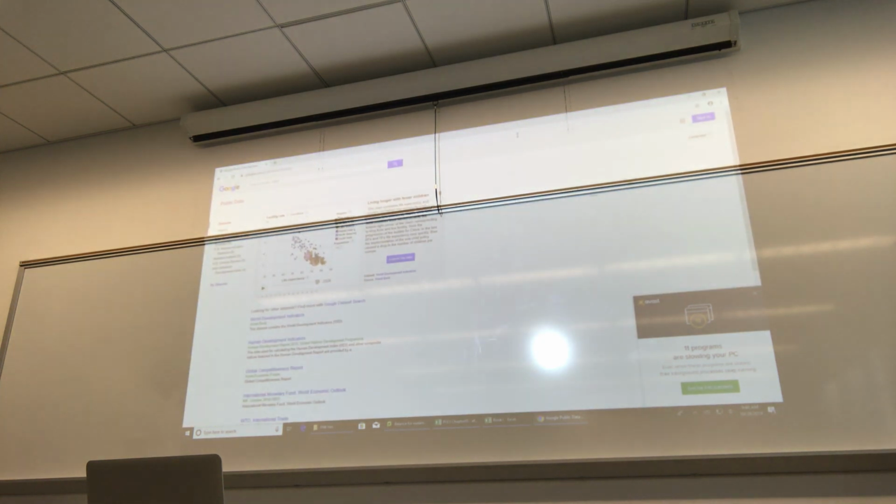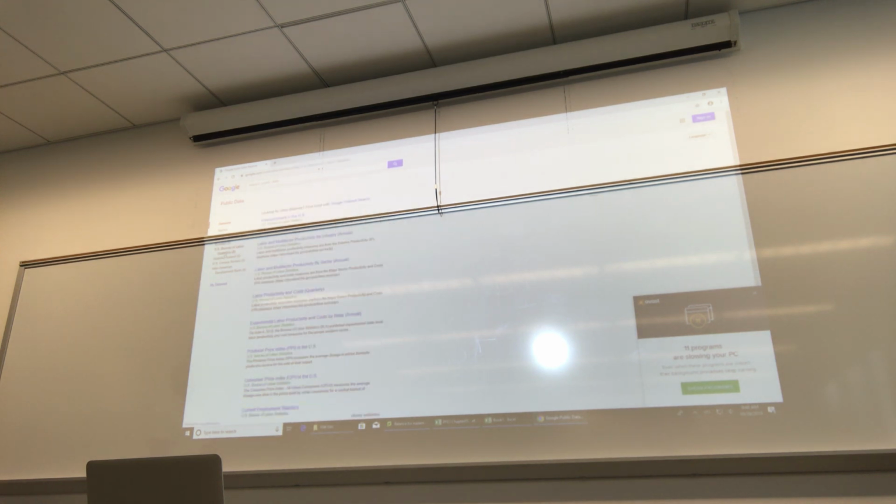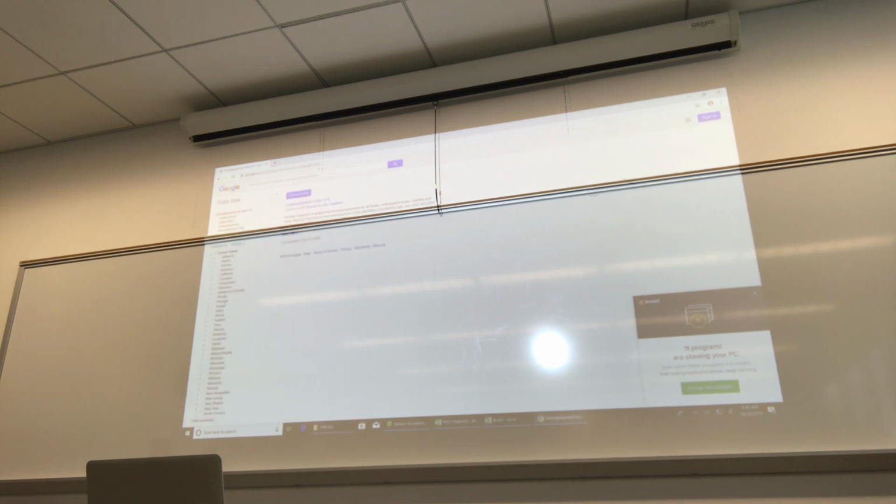I get my public data and I want to see different things here. I'll go to unemployment, and as I see unemployment, I want to see unemployment in New York. I can see cities and towns, counties and metropolitan areas.